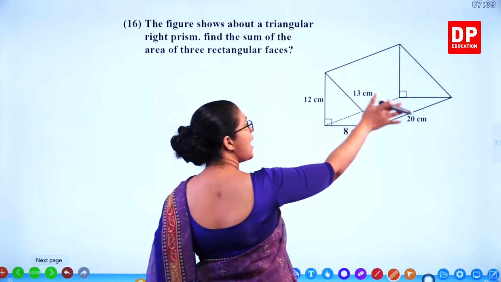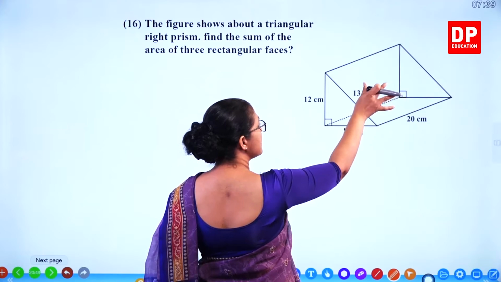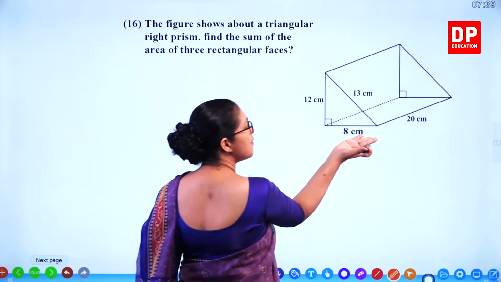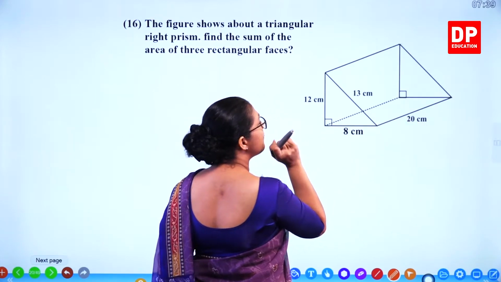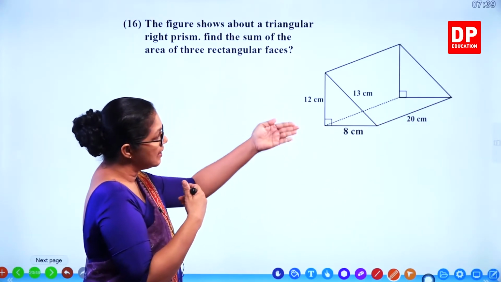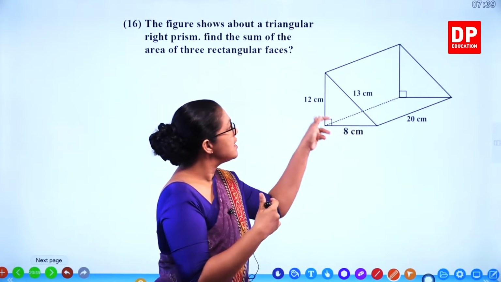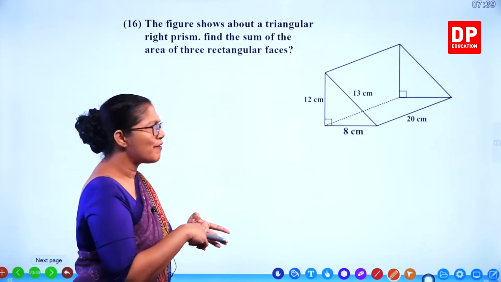If you take this side, 20 with 13. Base, if you take this rectangle, 8 and 20. And what about the other side? Back, 20 and 12. 20 is common for all.